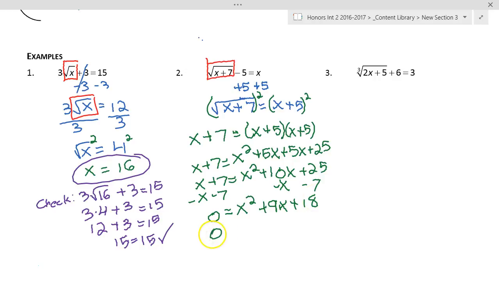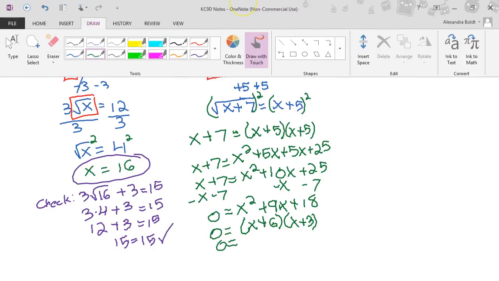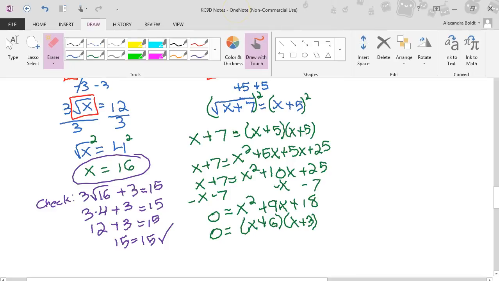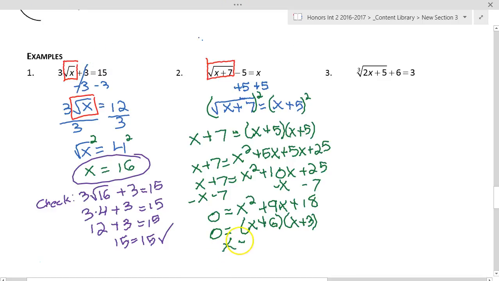Factoring this, what multiplies to 18 and adds to 9? That's going to be 6 and 3. Now that it's equal to 0, I can say what x equals. x equals negative 6 and negative 3.